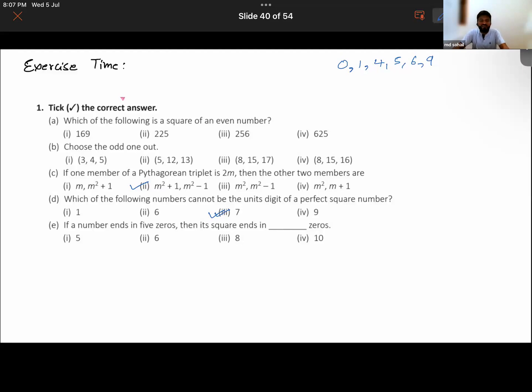If a number ends in 5 zeros, then its square ends in how many zeros? Just take an example here. Take 2 and add 5 zeros. Find the square of this number.